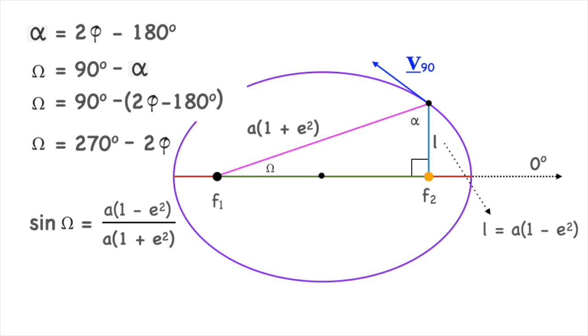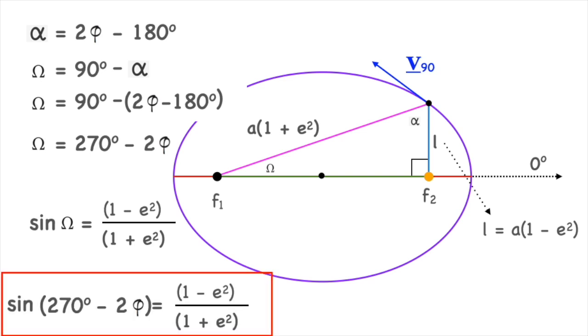At the same time, we can see that the sine of omega must equal a times the quantity 1 minus e squared divided by a times the quantity 1 plus e squared. And the a's cancel out. Putting all of this together, we see that the sine of 270 degrees minus 2 phi equals 1 minus e squared over 1 plus e squared.